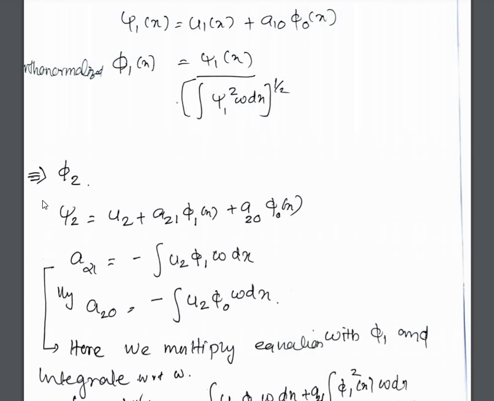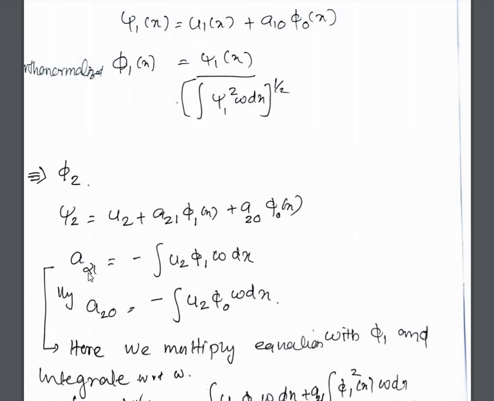So when we do similar operations, we multiply the whole term with phi 1 of x and integrate between the limits, using orthogonality conditions. This term and this term will vanish, and from that equation when we integrate, we will get a21, and we have to apply the normalization condition here.